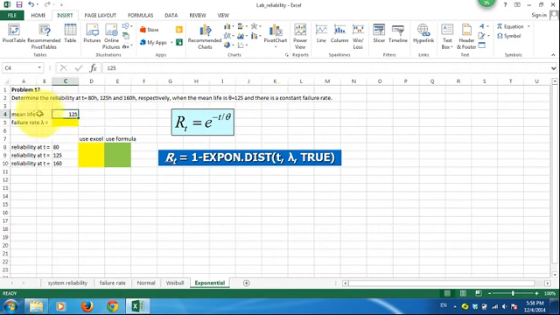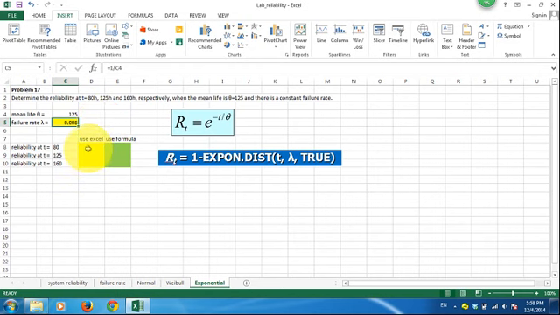What is given is theta, the mean life value, which is 125. In Excel, the exponential distribution function only takes lambda, the failure rate, as a parameter, so we have to first compute the failure rate, which is 1 over theta, 1 over the mean life, and that gives us 0.008 as the failure rate.